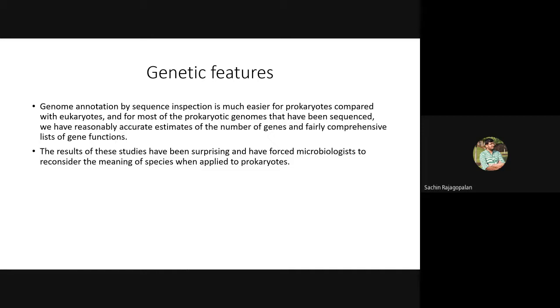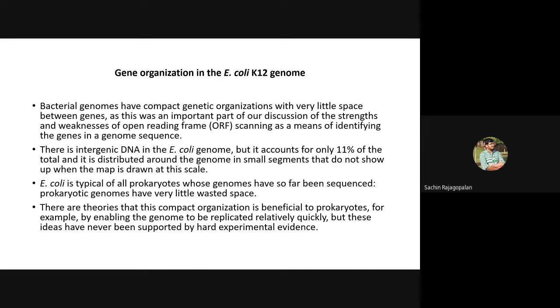But many times there may be genes which go unnoticed, which we are not aware of till date, and you are missing them out in terms of recognizing them as a gene and recognizing their function. There have been several surprising results in the study of the genome, which has forced microbiologists to reconsider the meaning of species when it is used for prokaryotes.